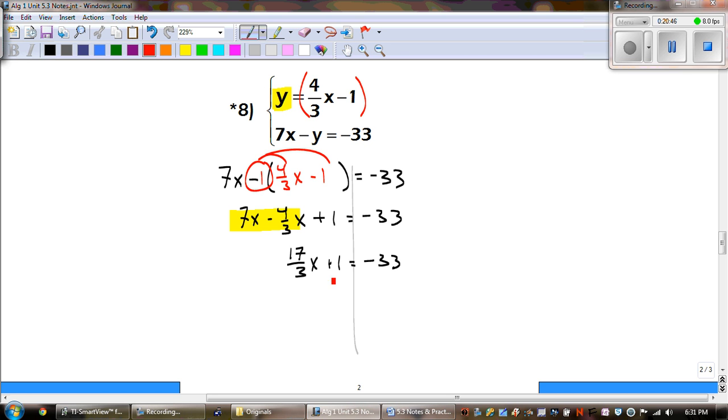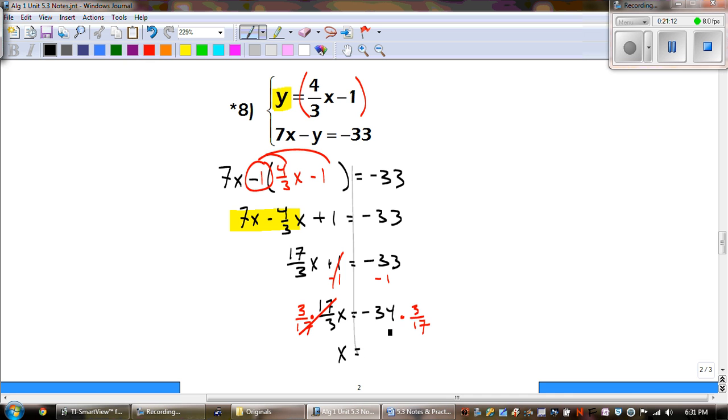Now, we're solving using SADMAP, so I'm subtracting the 1. I'm not freaking out. And now to get the x by itself, I need to multiply by the reciprocal.